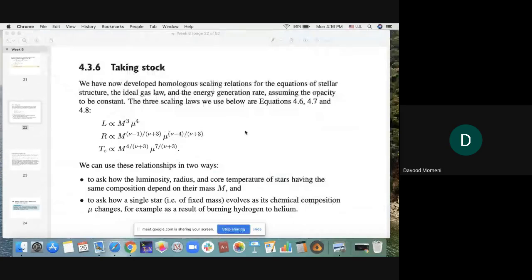Before we go through the two examples, as I mentioned, the low mass and high mass stars at the main sequence, I wanted to remind you what we found in the previous lecture.